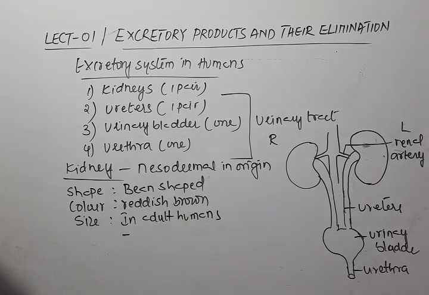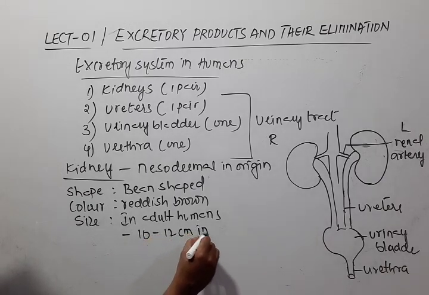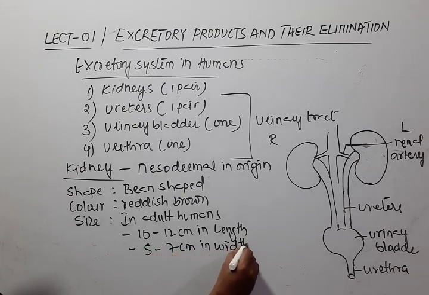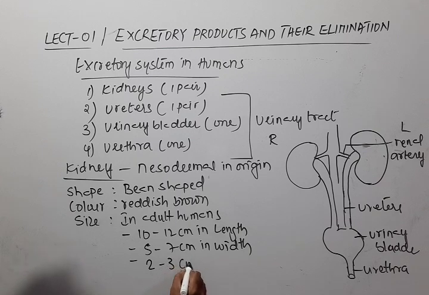So what will be the measurements of the kidney? It will be 10 to 12 centimeters in length, 5 to 7 centimeters in width, and 2 to 3 centimeters in thickness.